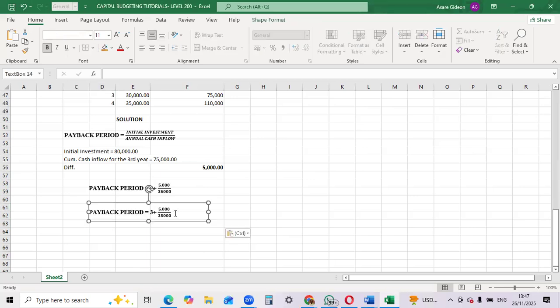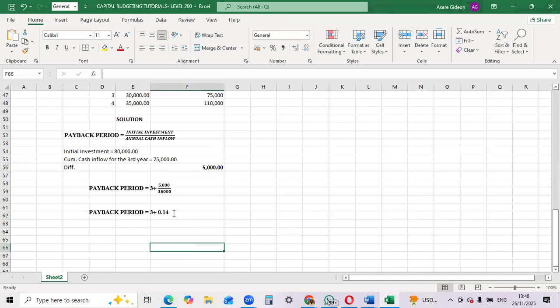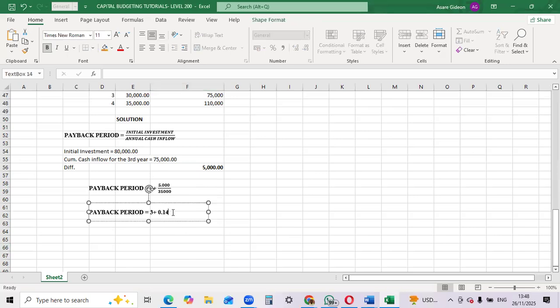And so it means that we're going to have 0.14, right? Which can be translated as 3.14 years.